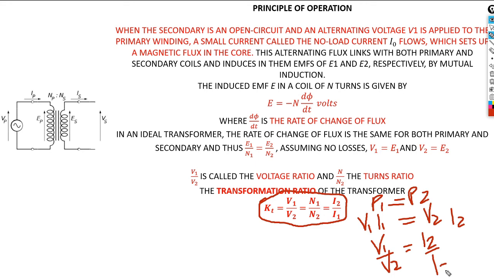And this is also the current ratio of the transformer. That's why we incorporate it there. So you should have this formula written down, because we're going to be using it more often. In the case where, let's say, they give us the primary voltage, the secondary voltage, and the number of turns of the primary, from this K ratio we can determine the number of turns of the secondary.